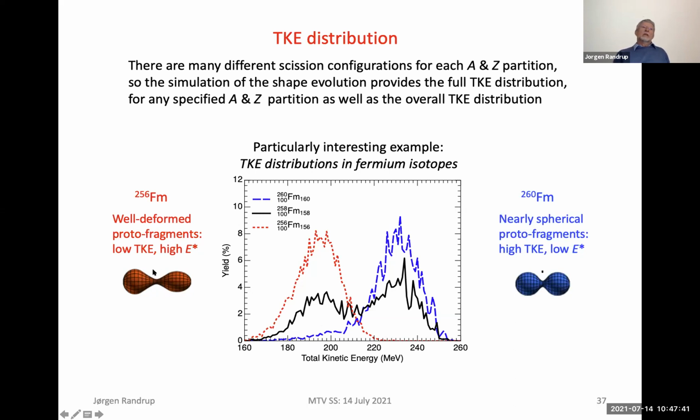Over here, it likes better to go this way. And for the fermium 258, it can access both of these values about equally. So you see, you can get some of this, you can get some of that. So it's called bimodal. You can go two different ways for fermium 258, get two different distributions of kinetic energy and other things. So that's interesting, I think.